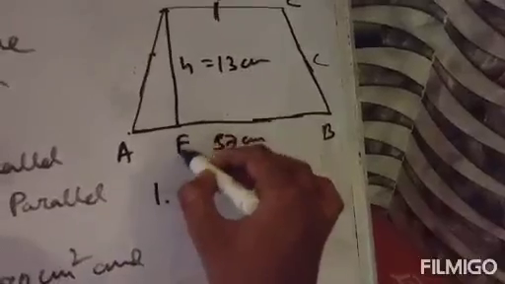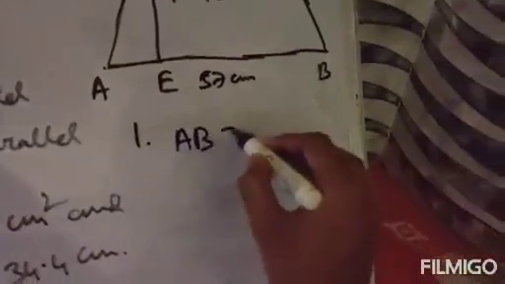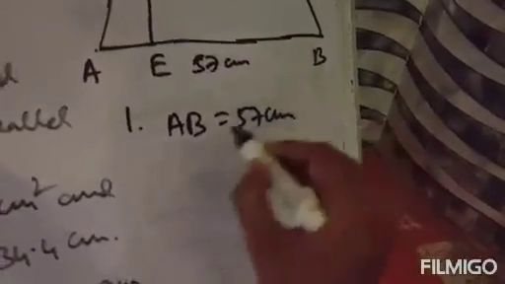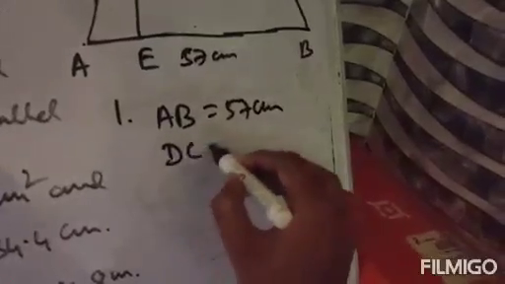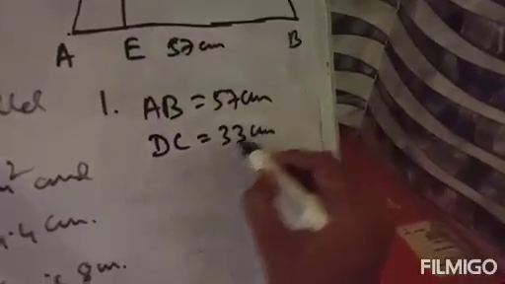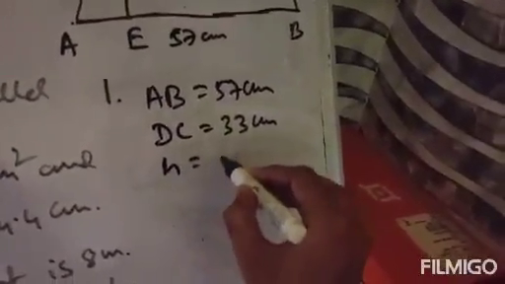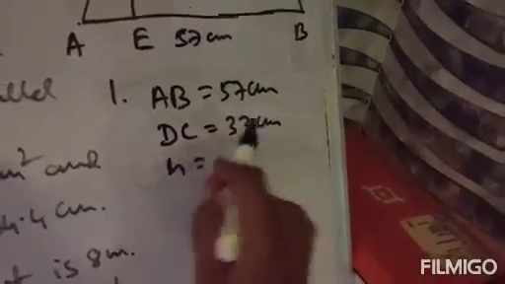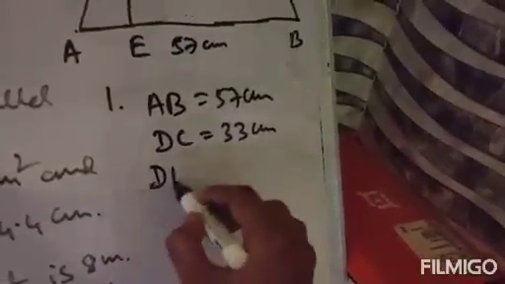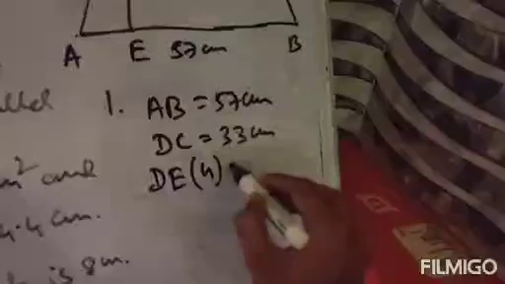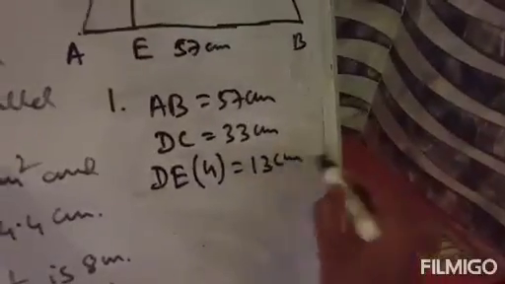Just make it E. Suppose this is E. So DE is the height or distance between two parallel sides. So just write, that means AB is 57 cm, DC is 33 cm, and height DE is 13 cm.